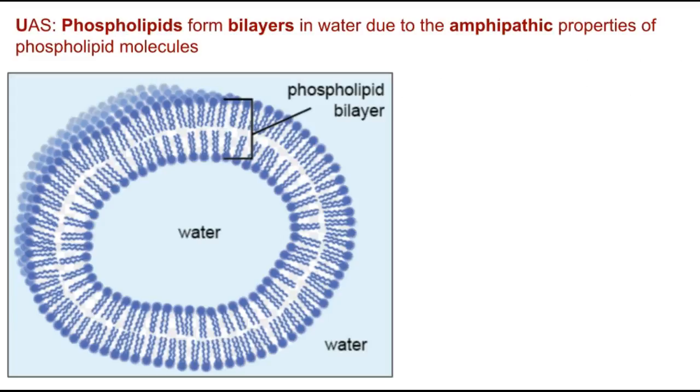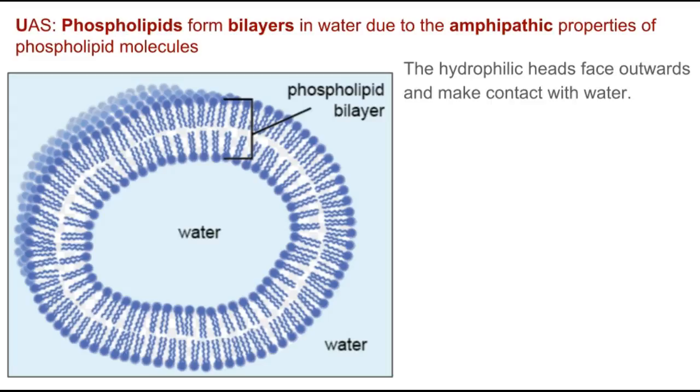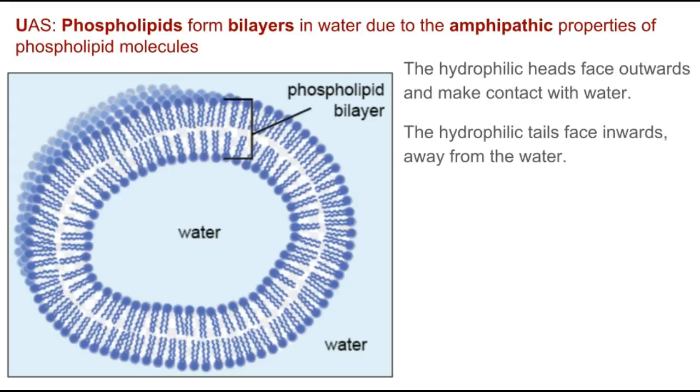Okay, so what we see here is we're starting to approach a cell shape. We've got our phospholipid bilayer, and we've got our central area of a watery aqueous environment separated from the external aqueous environment. The hydrophilic heads face outwards and make contact with the water, and the hydrophobic tails face inwards away from the water, creating this barrier.